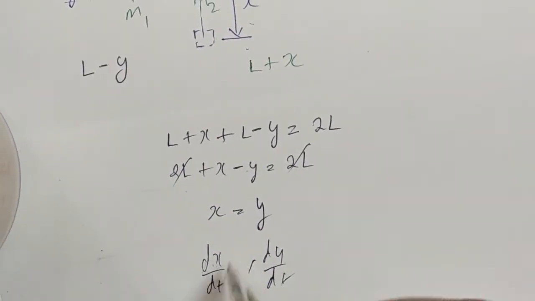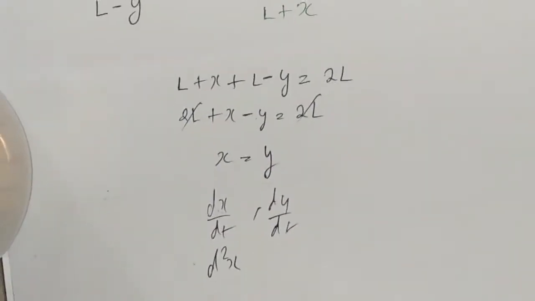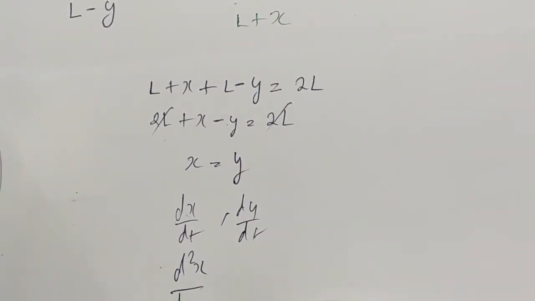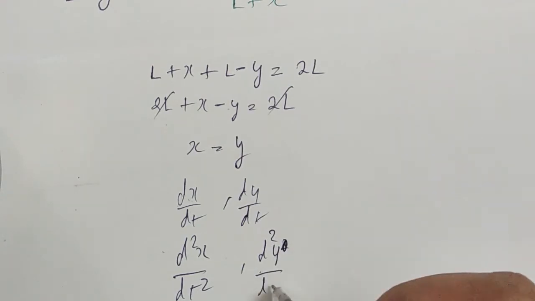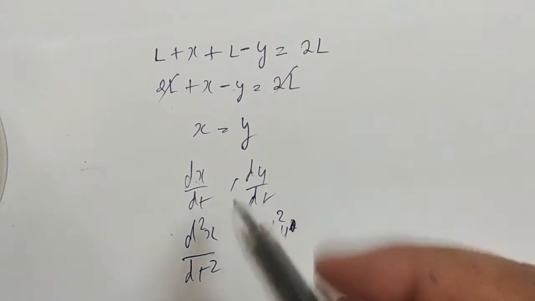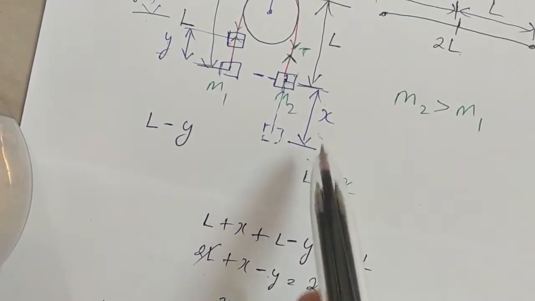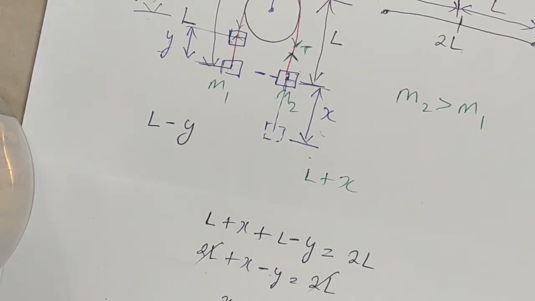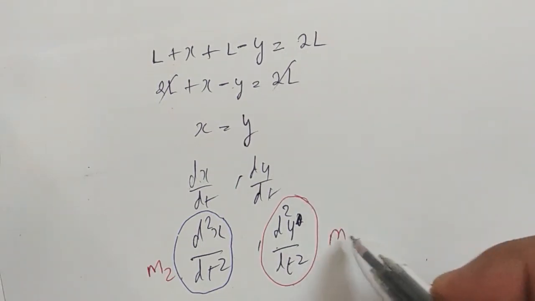So this dx by dt, if you again differentiate, we get d square x by dt square, and this is d square y by dt square. This is the acceleration of mass, which one? m2. This is the acceleration of mass m1.